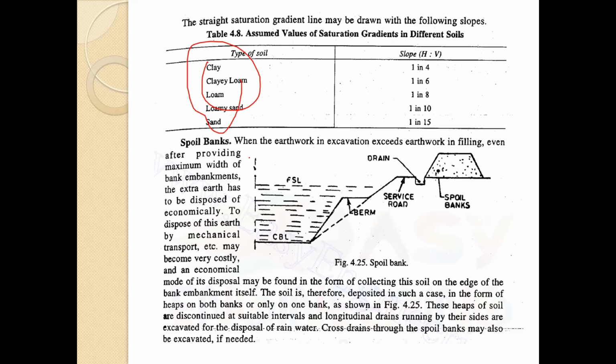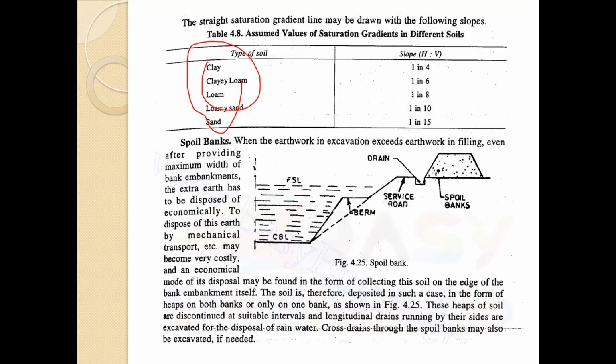Then spoil bank. When the earthwork in excavation exceeds the earthwork in filling, even after providing maximum width of bank embankment, the extra earth has to be disposed of economically. To dispose of this earth by mechanical transport, etc., may become very costly, and an economical mode of disposal may be found in the form of collecting the soil at the edge of the bank embankment itself.